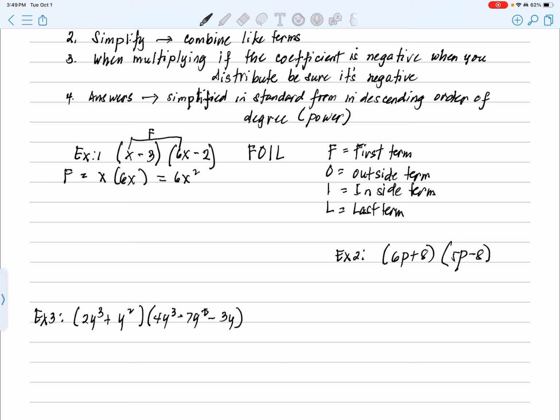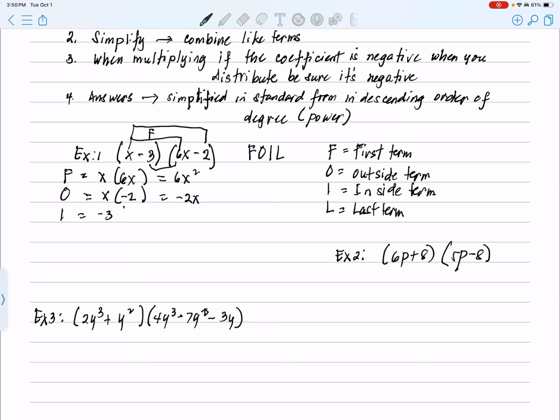Then we have the outside term, x times negative 2, and that is negative 2x. This is the inside term.